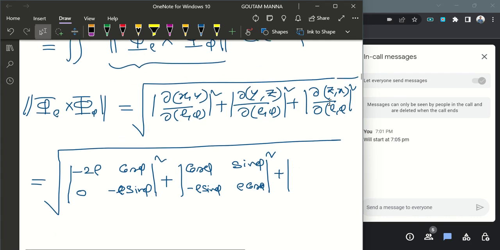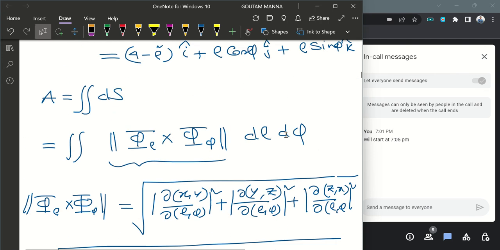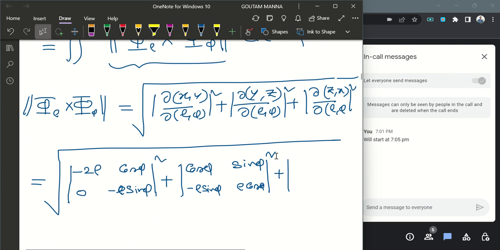again here the first element will be del z del rho, already calculated, that is sin phi. Then the next term is del x del rho, which is minus 2 rho.